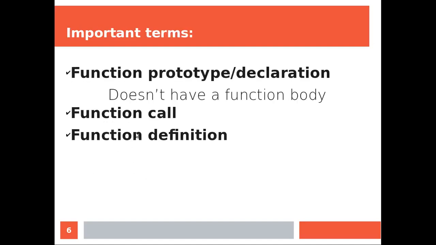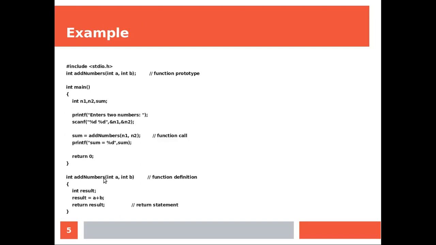The next important term we have to discuss is function definition. Function definition is basically the function body which we have defined. It has the return type, function name, the parameters and their types, and the body which does the execution of that specific task.